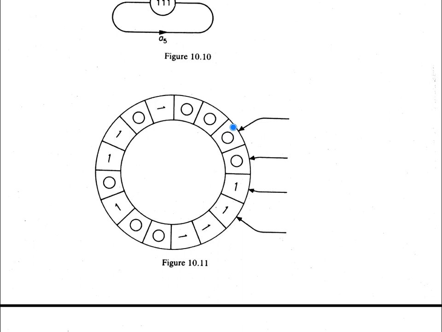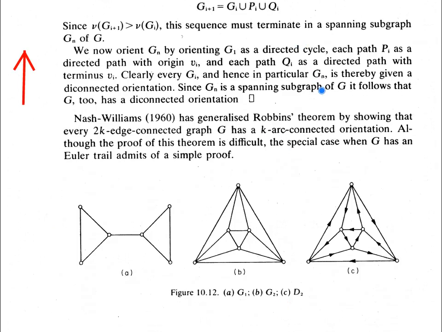Okay, and so how to design one ways in order to get di-connectedness? This is possible if the starting graph is 2-connected in the sense of the chapter on connectivity.